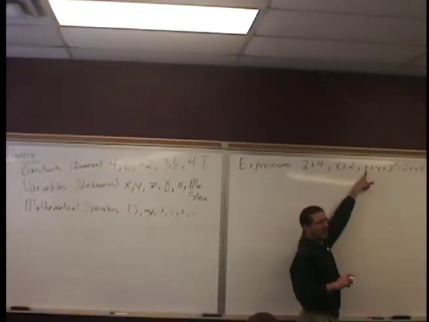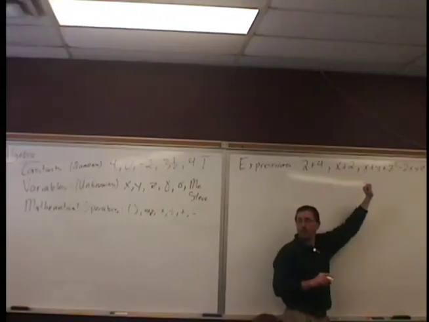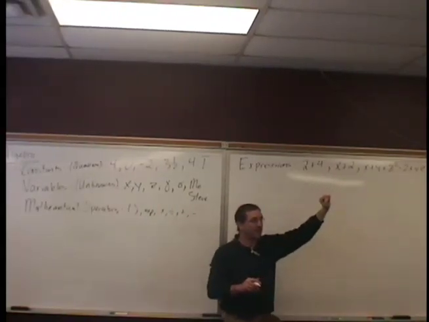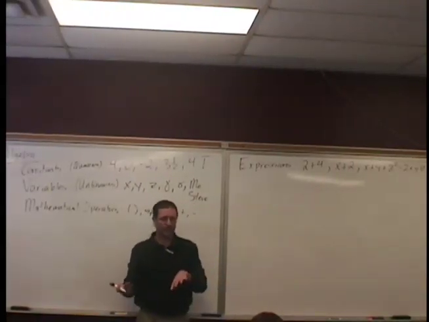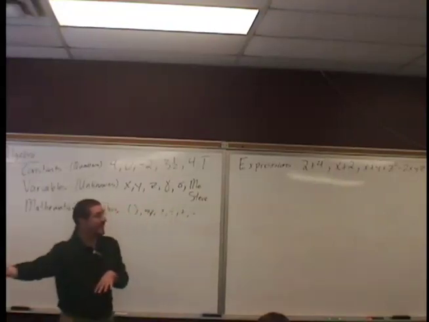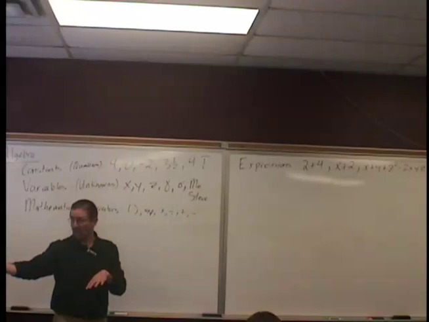So what number is multiplying this variable? 1. Why 1? When there's nothing in front of it, there's really a 1. Well, why, if there's nothing in front of it, isn't it nothing, which is 0? The identity property of multiplication. When you multiply anything by 1, it doesn't change the number.